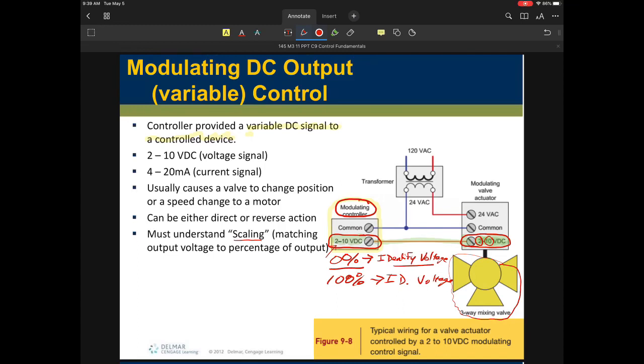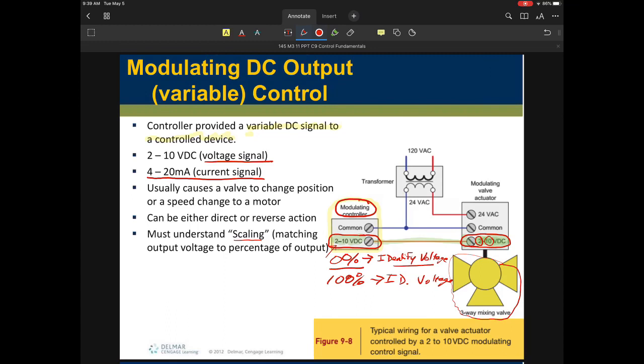So that's typically why a lot of manufacturers try not to use controllers that give you 0 to 10 volts as an output, or ever having 0 as your appropriate input. It's highly unusual to see that happen.